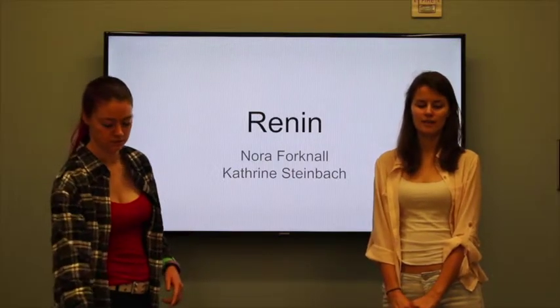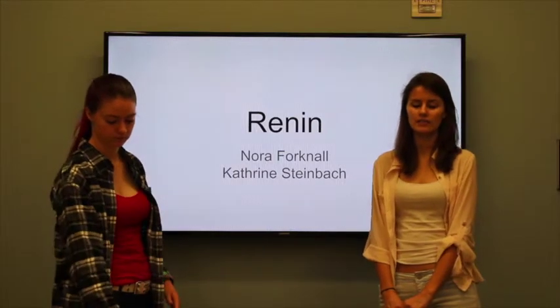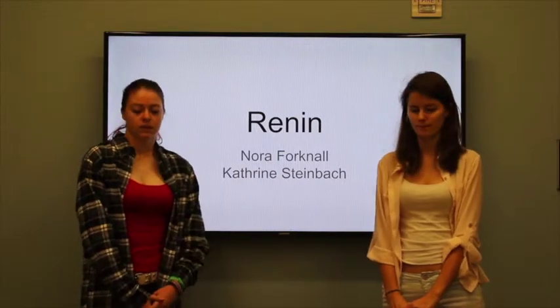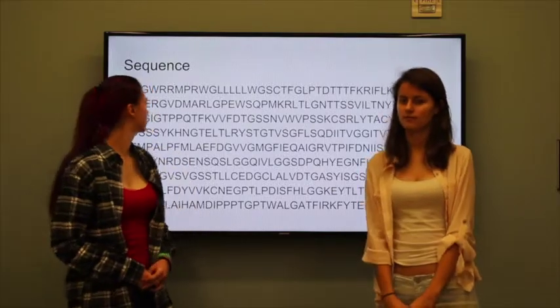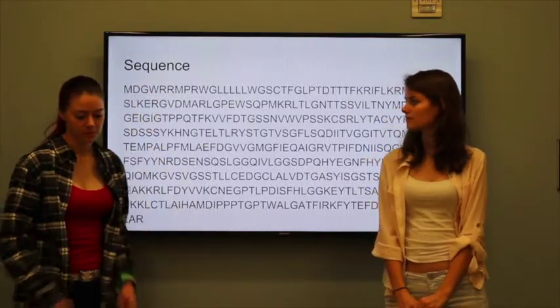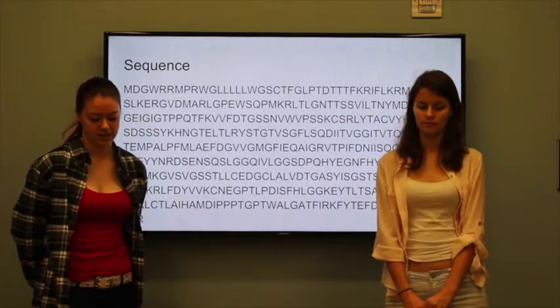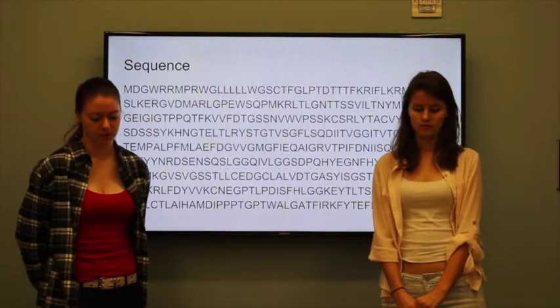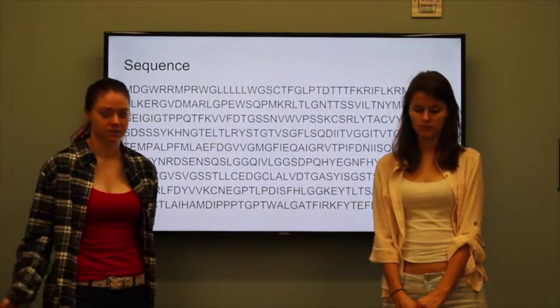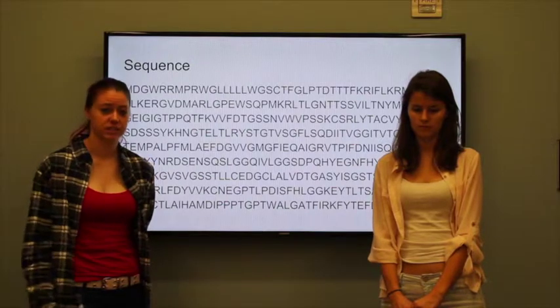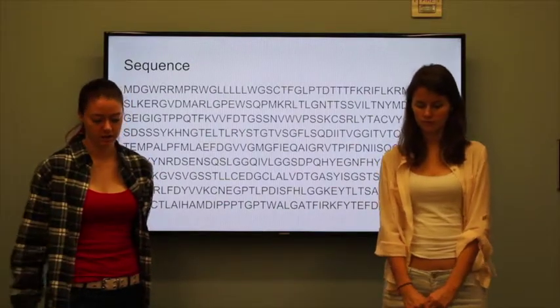First, let's examine a few biochemical characterizations of renin. Renin was first sequenced in 1988, and it is 406 subunits long. You might also recognize renin by its other names, angiotensinogenase or REN.